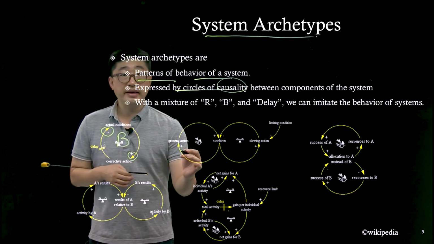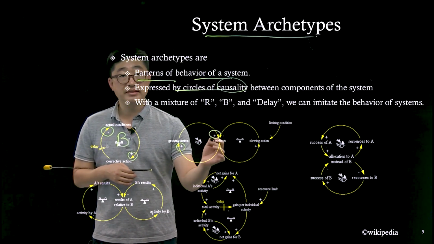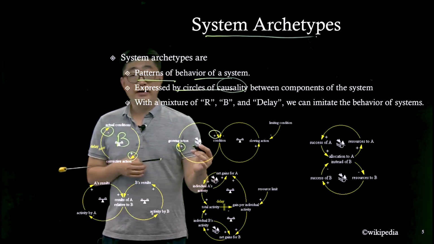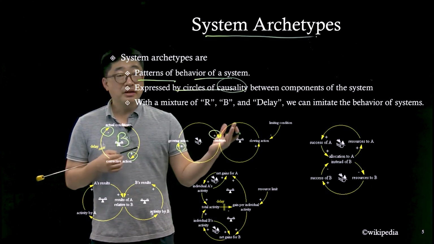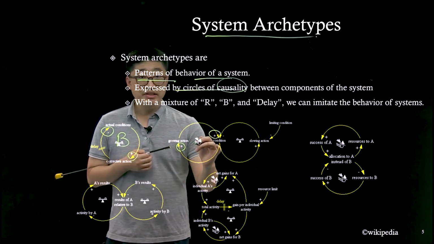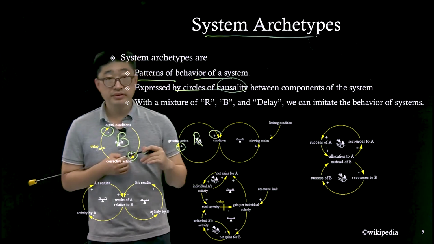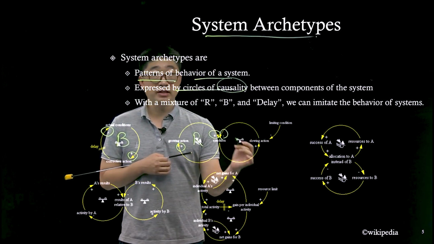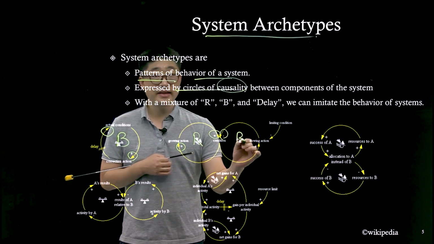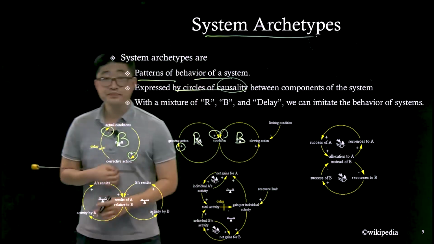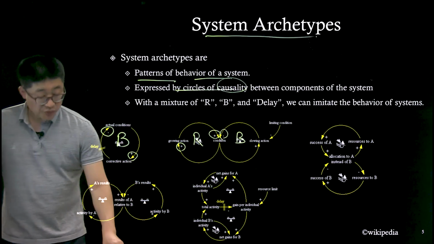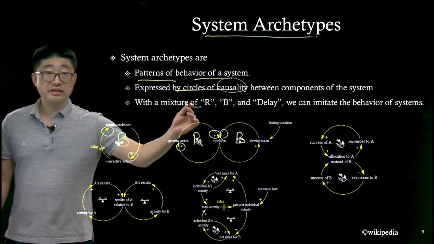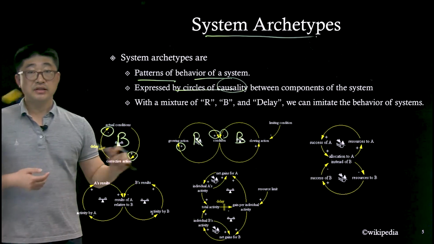And here we have a positive and positive, so that we have an even number of negative causal links, which is 0, and so this is a reinforcing loop. However, here we have a negative causal link and a positive, so that it is a balancing loop, and so forth.